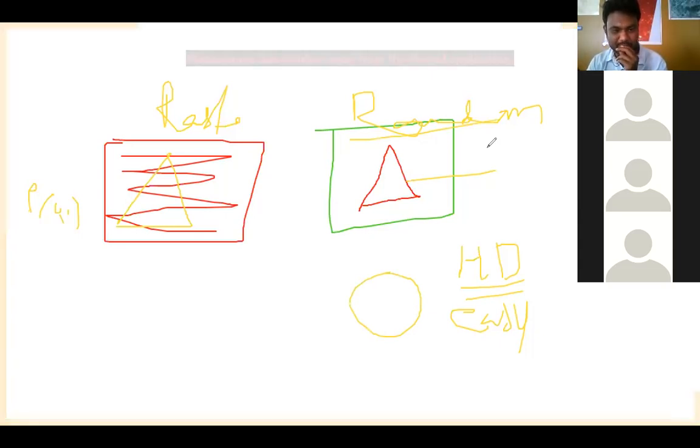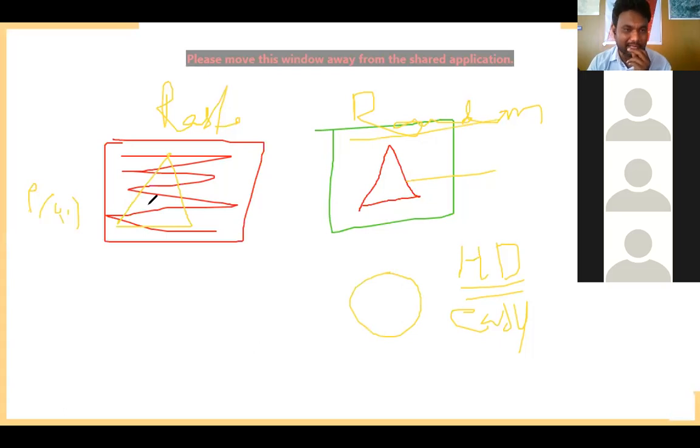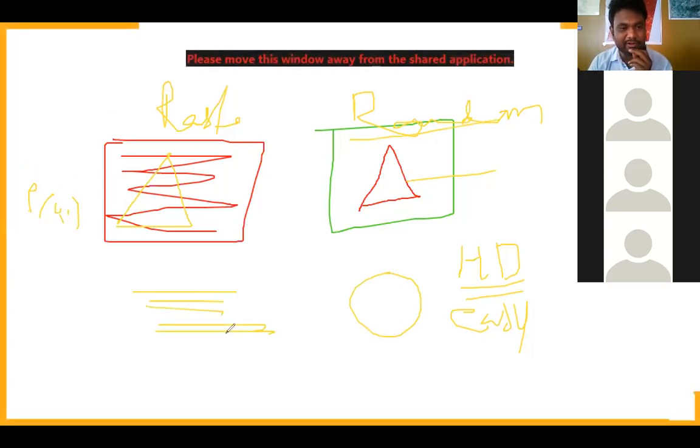Yeah, tell me. No, sir. Because it is random. In the raster scan display we can draw any type of complex shape, because only the resolution is going to matter. If resolution is not a problem, anyhow it is going to create the figure, no problem. But point to point some difference will be there.